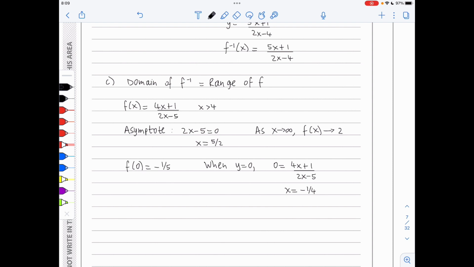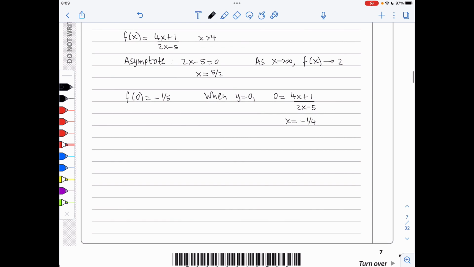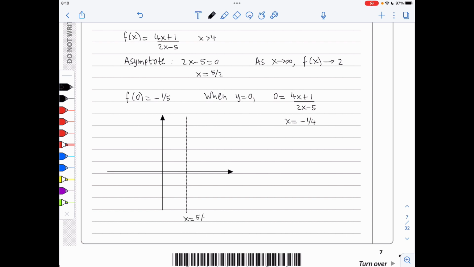I think we've got enough information for us to draw a sketch. So there's a pair of axes here. We've got a vertical asymptote at x = 5/2. There it is. So this is x = 5/2. We've got a horizontal asymptote at y = 2.